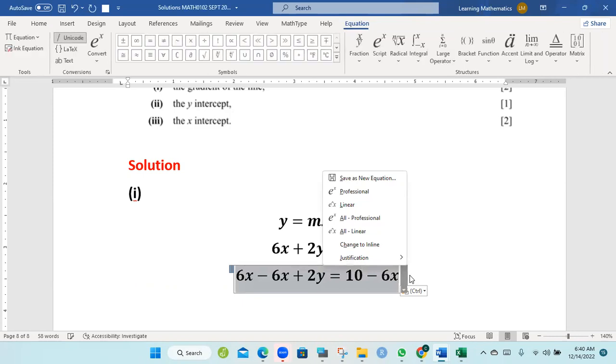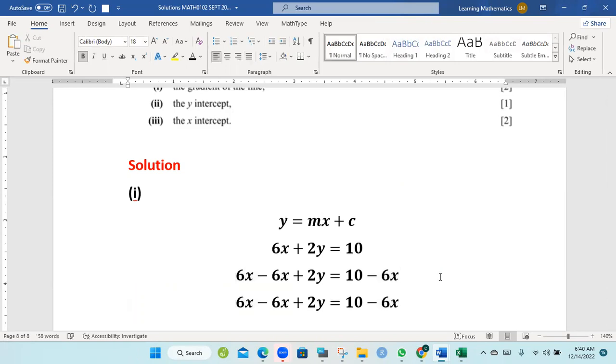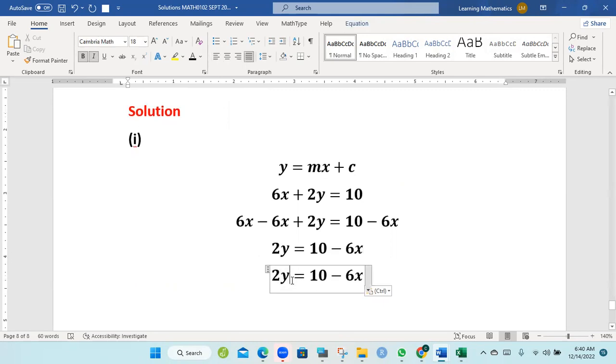So 6x cancels out from the left side, and then we are left with y is equal to 10 minus 6x. And now we have to divide by 2 so that we can make y the subject of the equation. If we divide by 2 on the left side, we have to divide by 2 on the right.